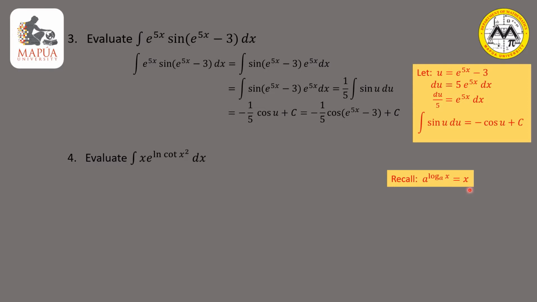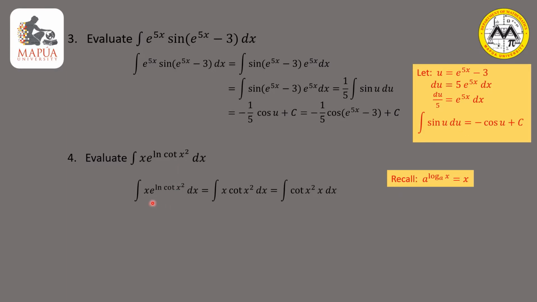We can apply this rule in simplifying e to the natural log of cotangent x squared, because this is the same as e to the log of cotangent x squared to the base e, and therefore that will just simplify to cotangent of x squared.